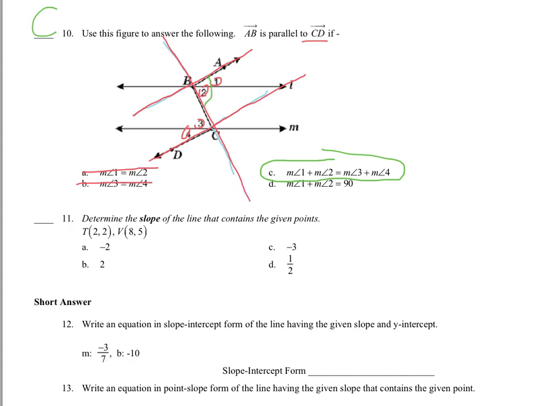This angle is alternate exterior to this one. That means the measure of angle 1 plus the measure of angle 2 should be equal to the measure of angle 3 plus the measure of angle 4. As far as D is concerned, 1 plus 2 may look like it's 90 degrees, but even if it was, that does not prove that the two lines are parallel. So our answer there is C.